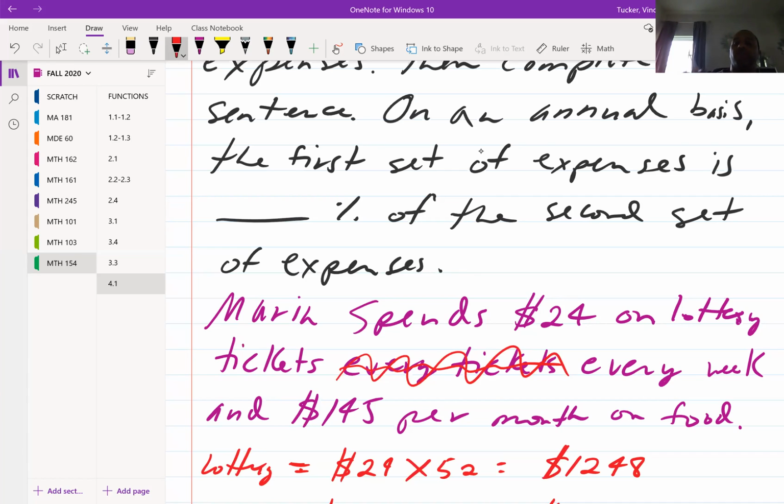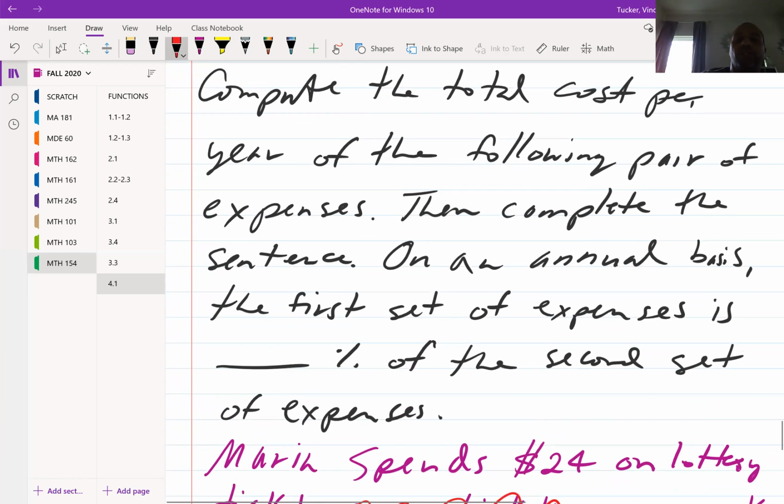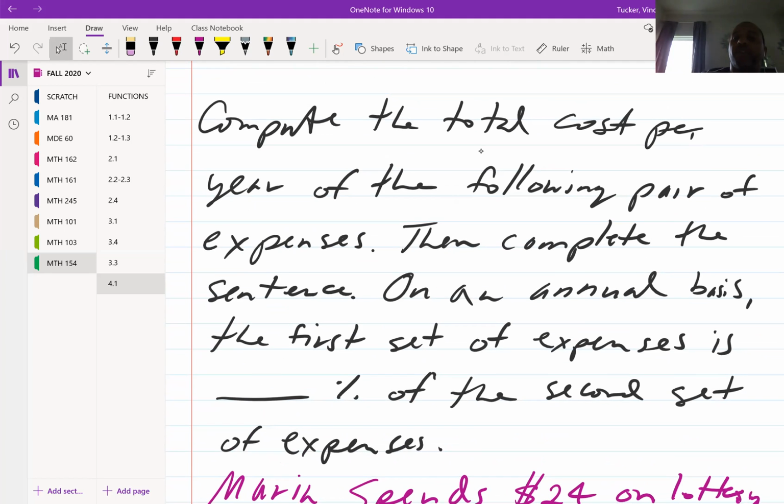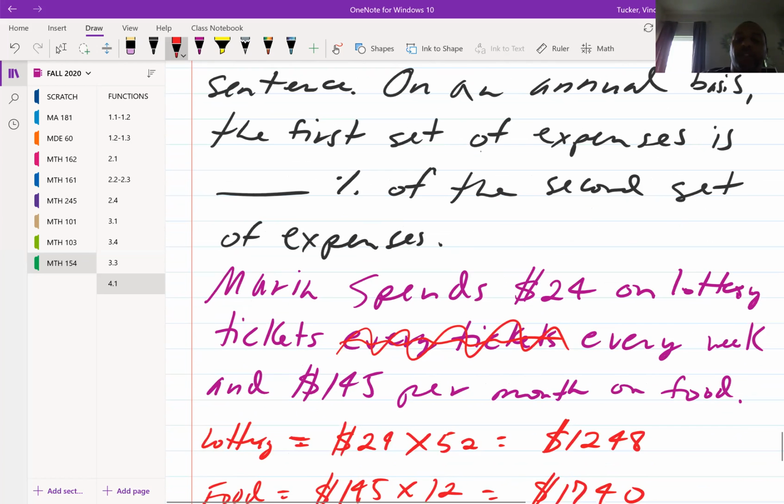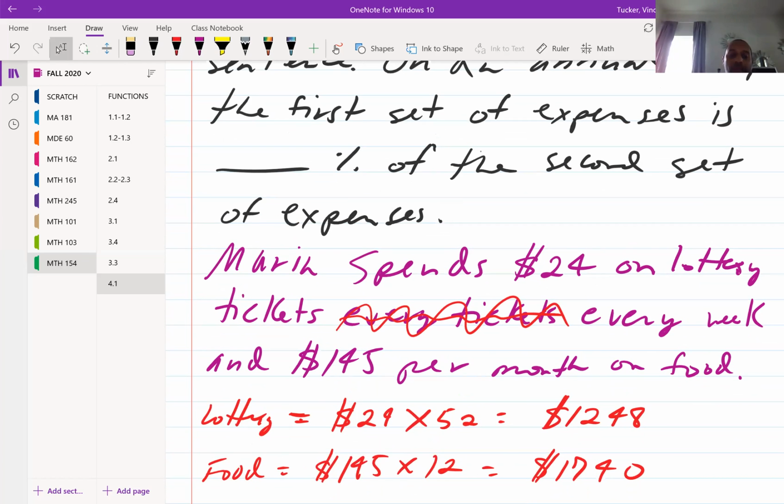So we want to know the percent expenses of the first compared to the second. So we're looking at the total cost per year. And so we convert both of these expenses to how much you spent per year.